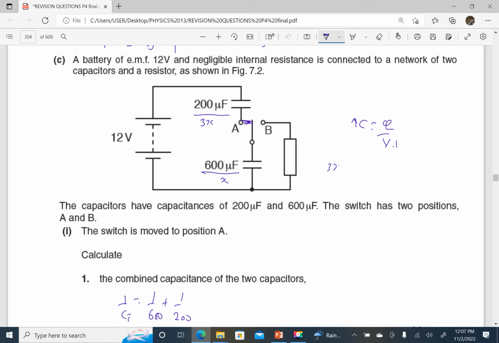So that 3X plus X is equal to 12 and X will be equal to 4 volts. That is the PD across 600 and the PD across 200 will be 8 volts. Then if you want to find the charge, still charge will be equal to capacitance, which is 200 times 8 volts.